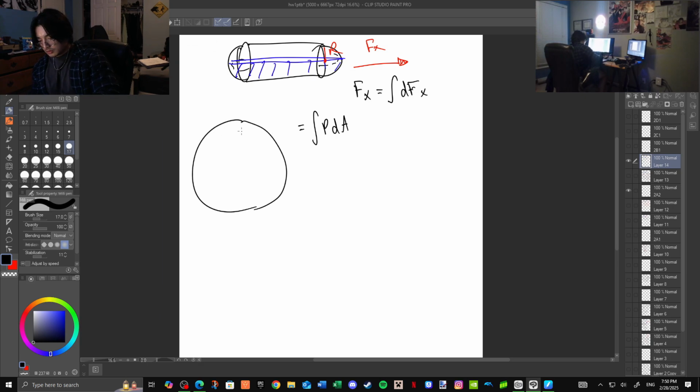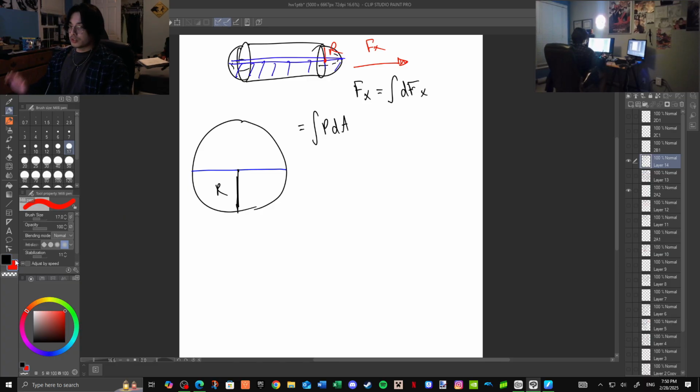So I'm going to draw the figure from a side view. And so we have it filled with fluid, with a radius of r, and we are measuring different values of force at whatever depth, and that depth will be h, and we're going to take downwards to be positive, right?